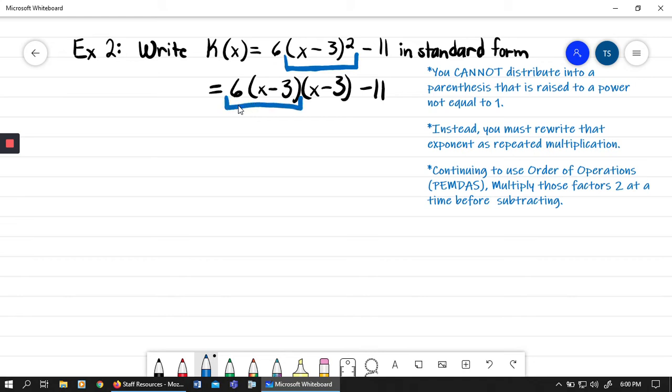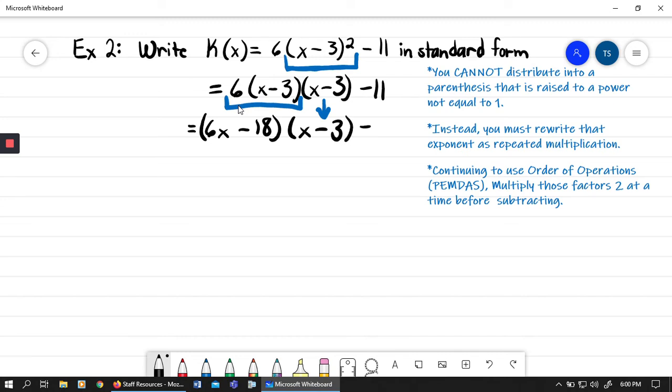So we do that two at a time. Let's go ahead and distribute that 6. When we do that, we get 6x minus 18 as the product. And remember, we bring down this other factor that has not been multiplied just yet, and then we multiply that times the product that we just got.